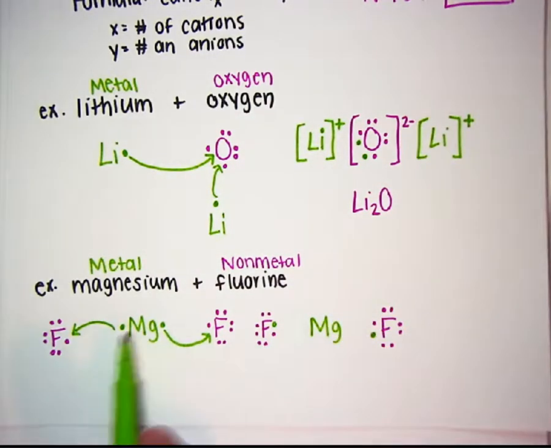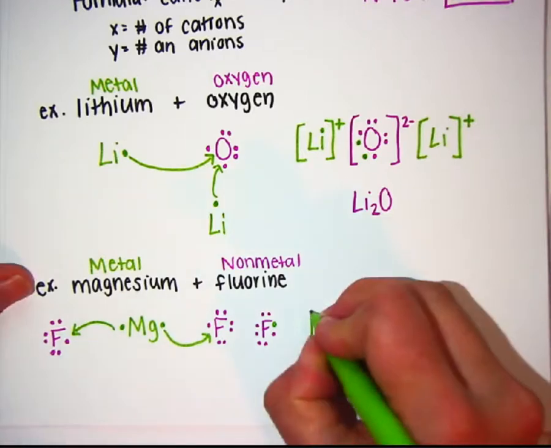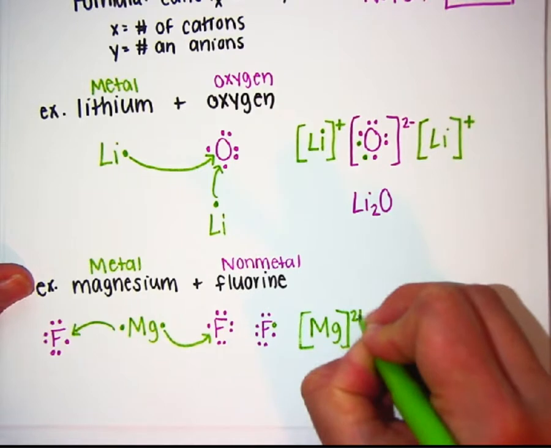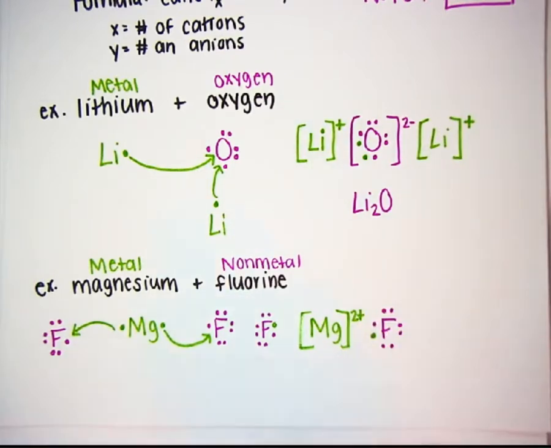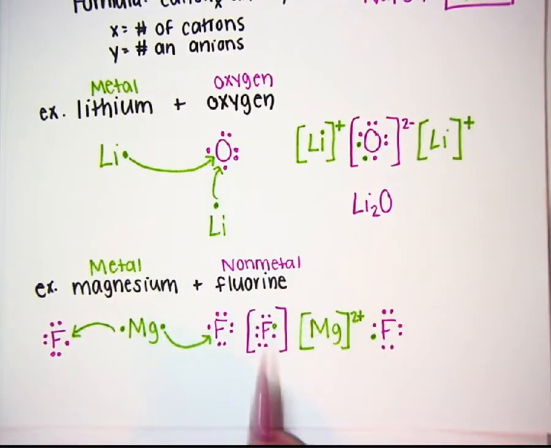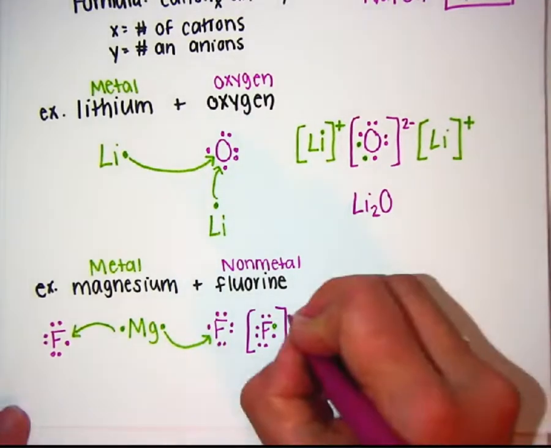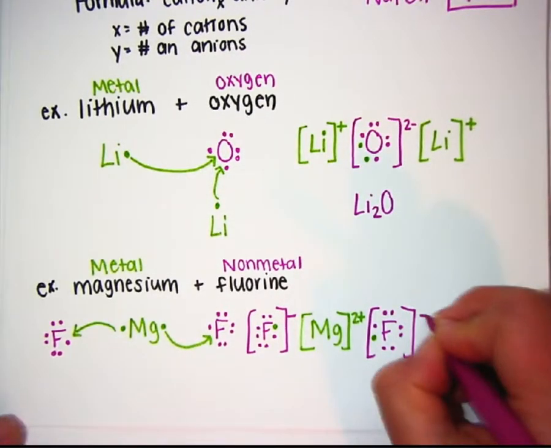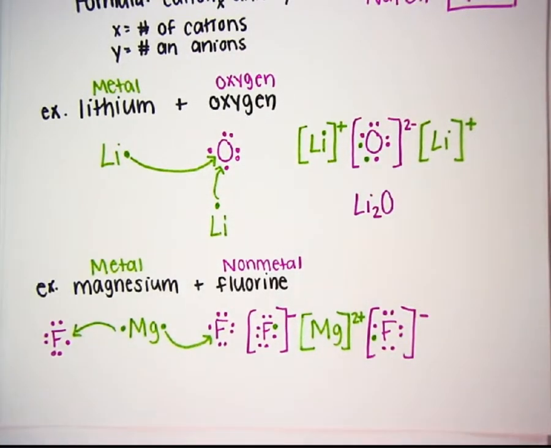All right, magnesium had 2 electrons. It lost 2 electrons, so its charge will be positive 2. The green electrons represent the number of electrons that fluorine gained. Each fluorine gained 1 electron. Go through all of your checks.